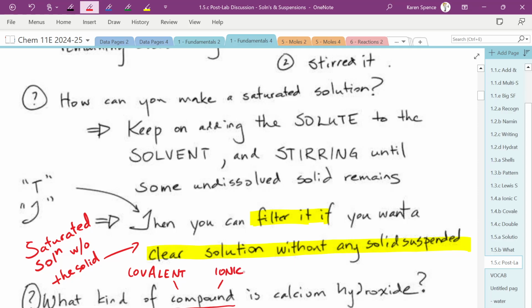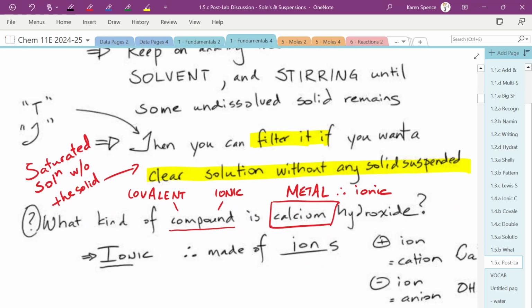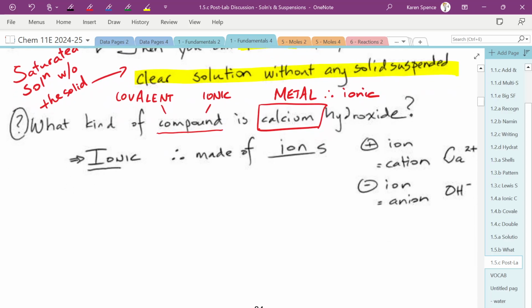Which type is calcium hydroxide? Ionic. How do you know? Metal. We got a metal here. Anytime you have a metal, you know that it is ionic. Which means it's made of ions. We have our cation, we have our anion.